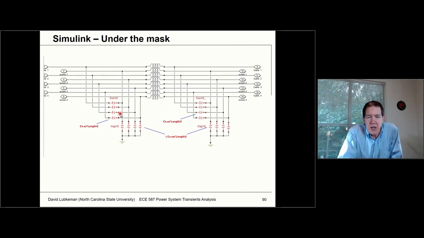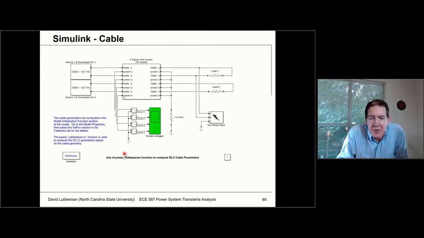Now, if you look at this, you'll notice you've got all these different inductances, and this was basically to start with a fairly simple system. It just shows in here how you could model more complex types of configurations.